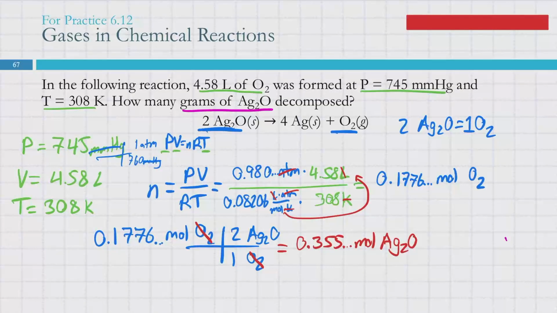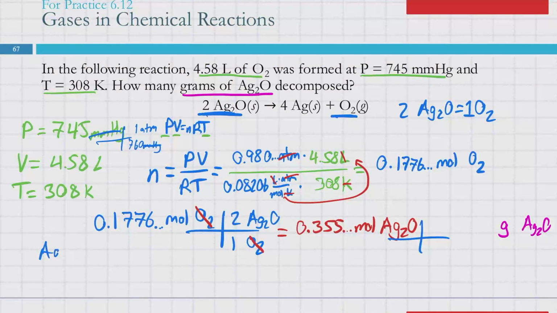And our goal is to get to grams Ag2O. How can we get from moles to grams? What do we need? Molar mass. So we'll have to calculate a molar mass. We've got 2 silvers, 1 oxygen. Silver has a molar mass of 107.87.